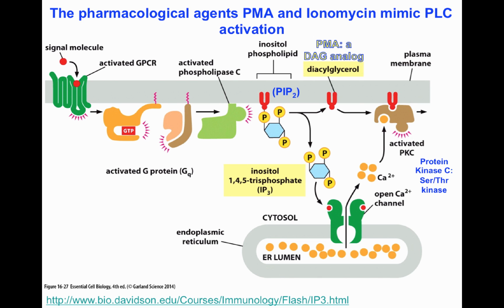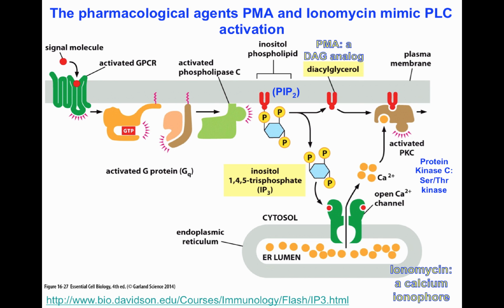The other pharmacological agent that we can use is called ionomycin. Ionomycin is a pharmacological agent that is a calcium ionophore. It is able to go inside the cell and bind to membranes, and it's able then to make the membrane permeable to calcium ions.